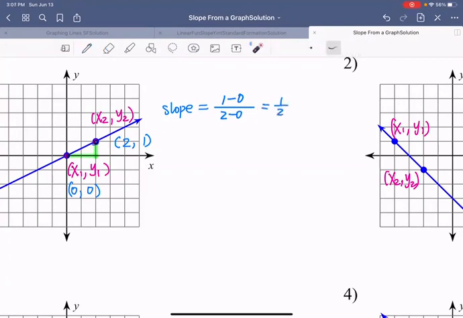Okay, and we can also use the way called rise over run. So look here. Between these 2 points, you rise by 1 and you run by 2. So this is 1/2, correct? So even without calculation, we can get the answer immediately. Rise is 1, run is 2.